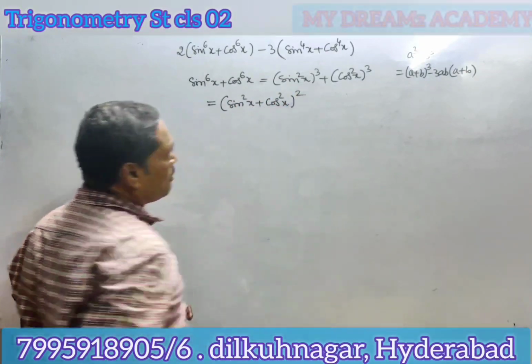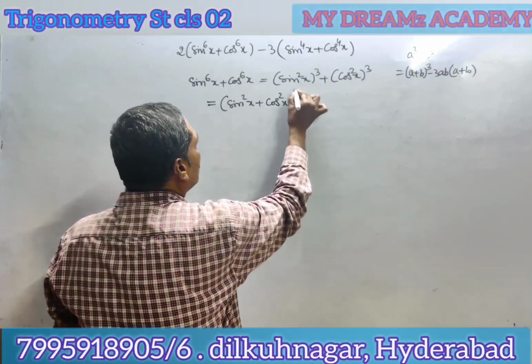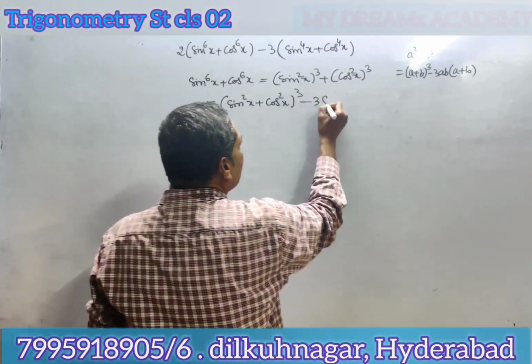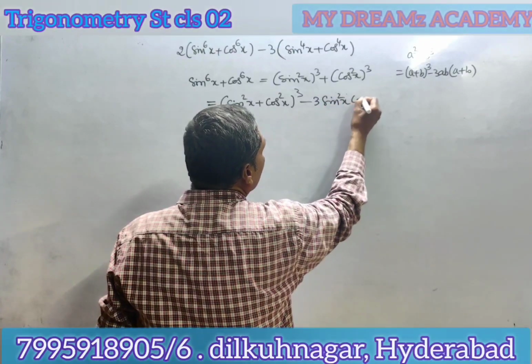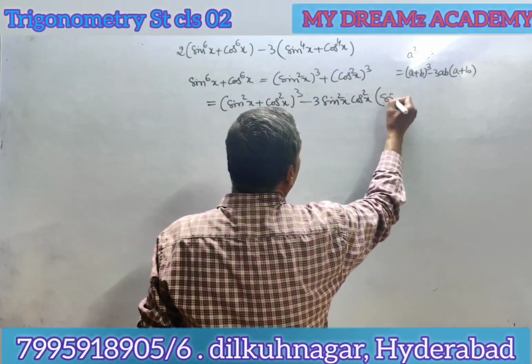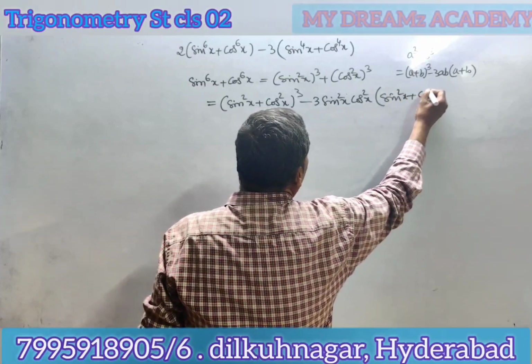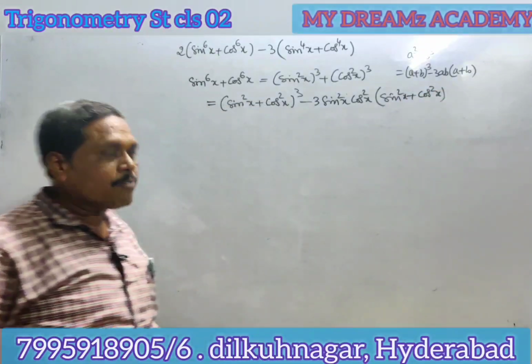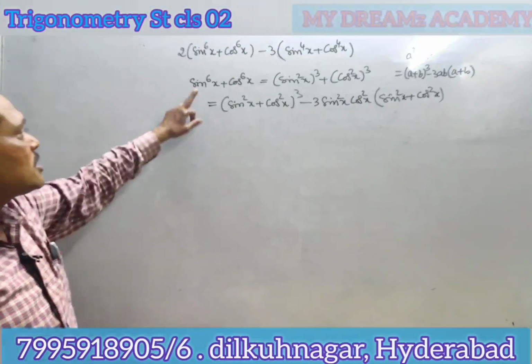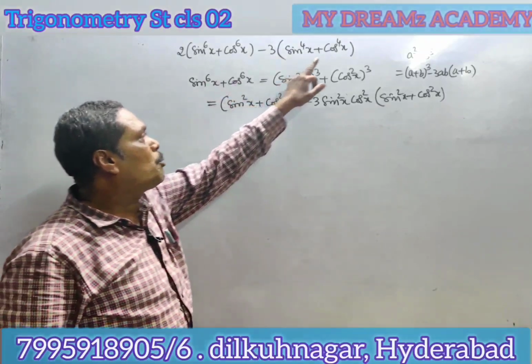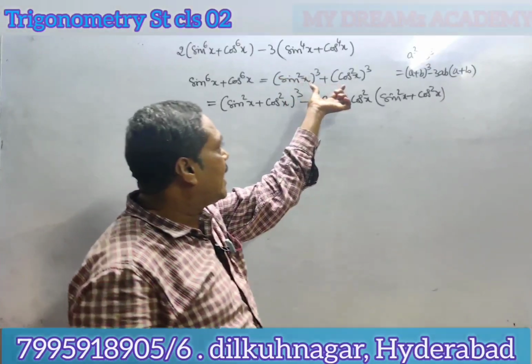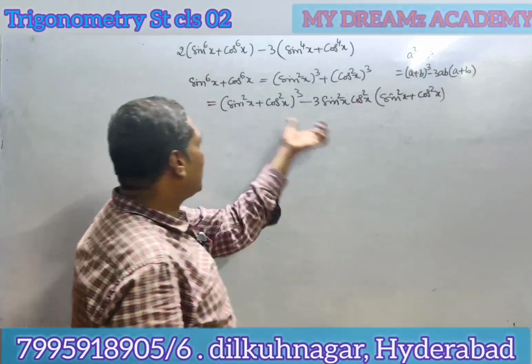If I apply that formula, a plus b whole cube minus 3ab into a plus b, where a plus b is sine square x plus cos square x. Is it clear? I took sine square whole power 3, cos square whole power 3, and applied the a cube plus b cube formula.